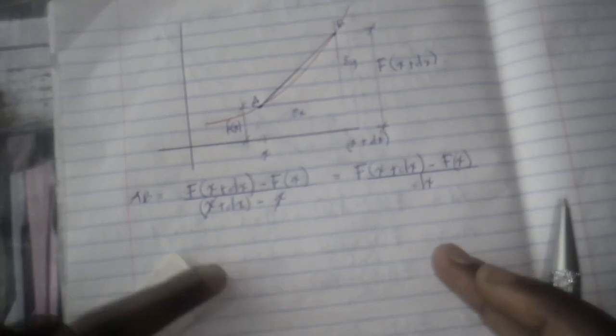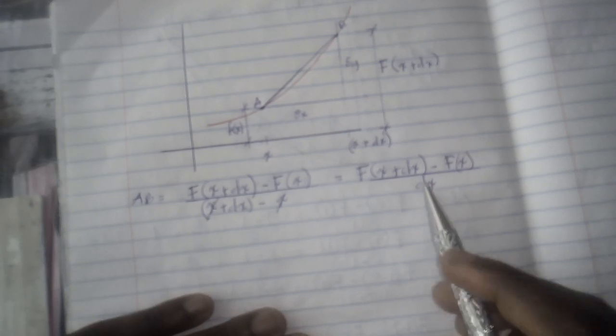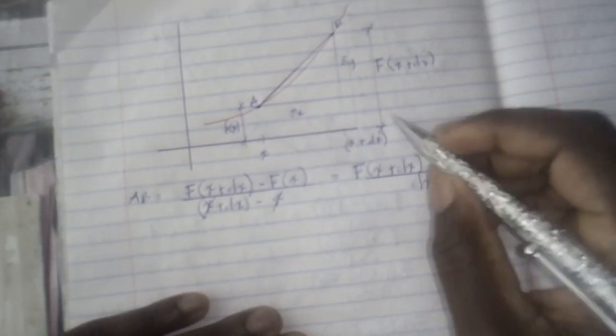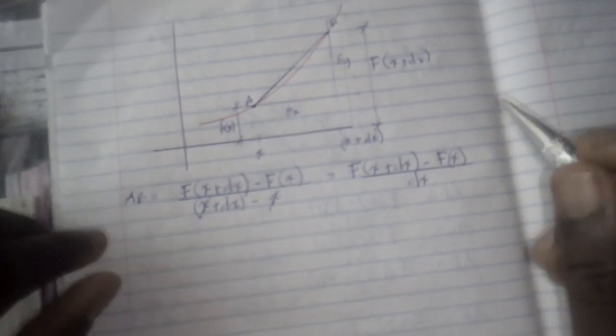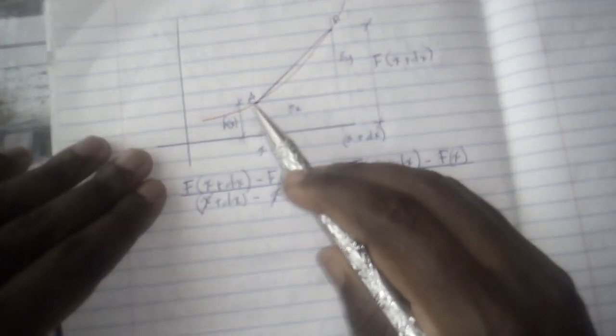So the smaller this dx gets, the smaller delta x gets, the closer you approach the limiting value.